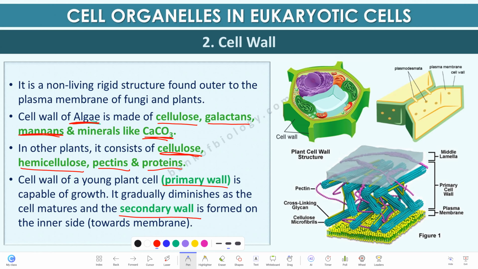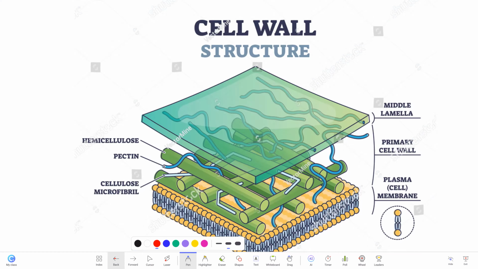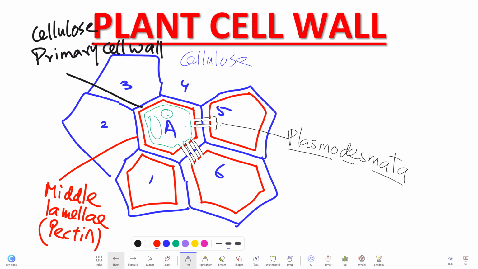There could be a secondary cell wall made up of a substance called lignin. Okay. So, what's a cell wall? In the cell wall you find the middle lamella. What's the next layer?